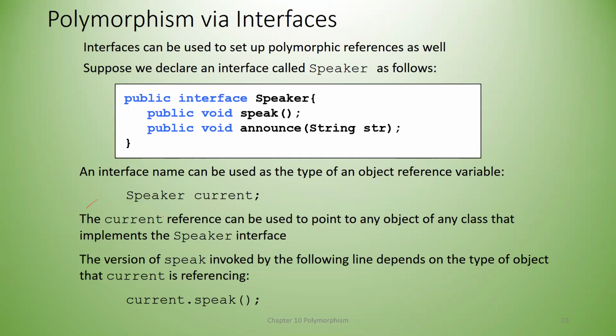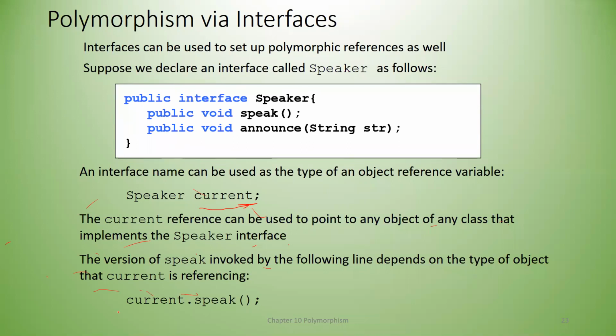This is good. The current reference can be used to point to any object of any class that implements the speaker interface. So it cannot be instantiated, but if you have a class that implements this interface, then this variable can point to an object of that type. Okay, so the version of speak invoked by the following line depends on the type of object that current is referencing.